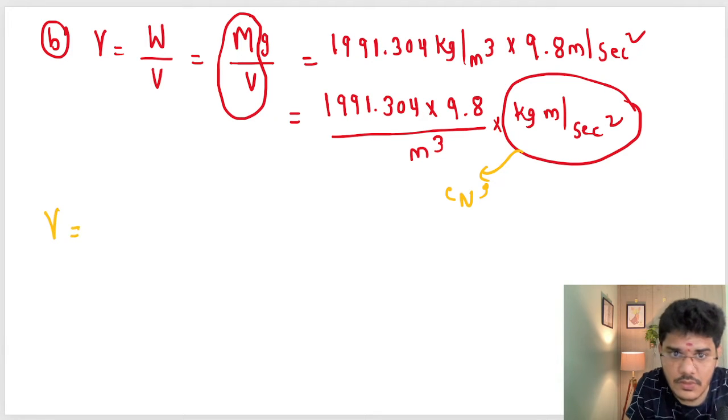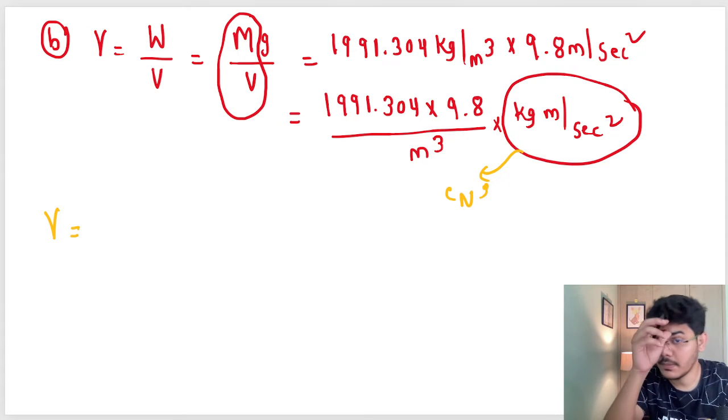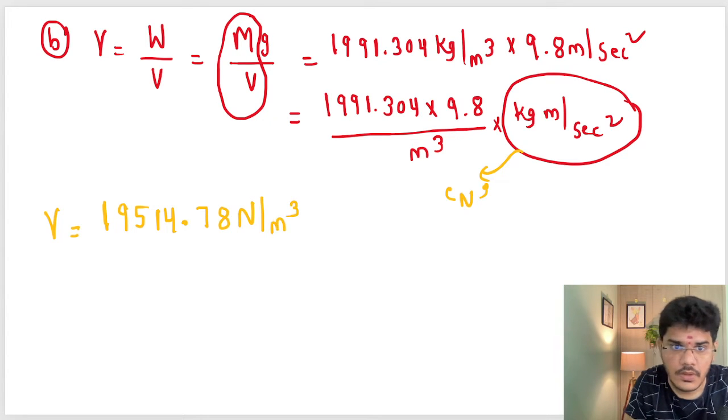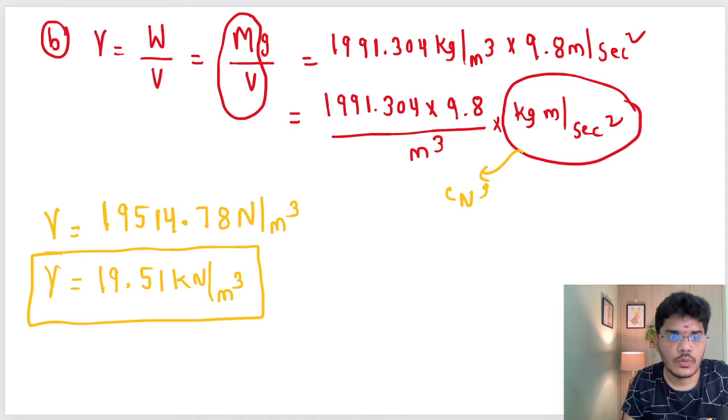So unit weight is equal to 1991.304 into 9.8. This is coming around 19514.78 Newton per meter cube. If you convert it into kilonewton per meter cube, then it will be 19.51 kilonewton per meter cube.